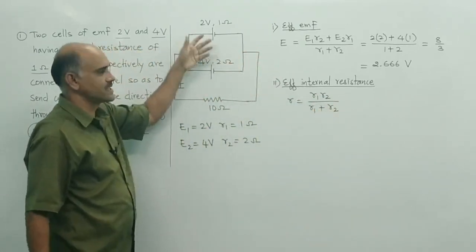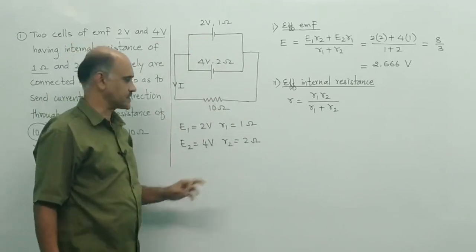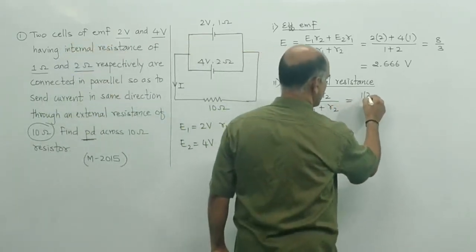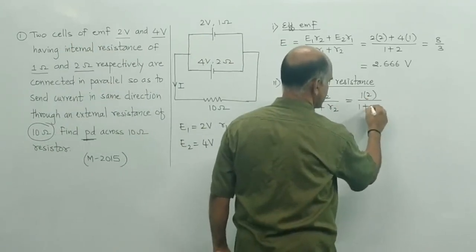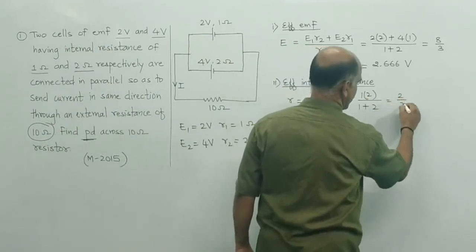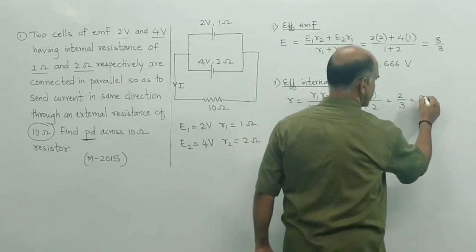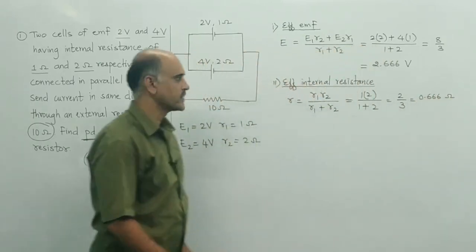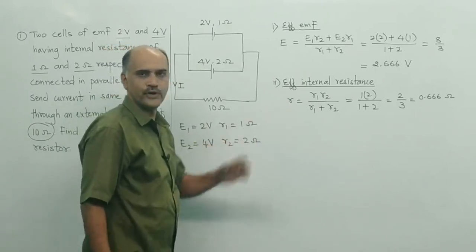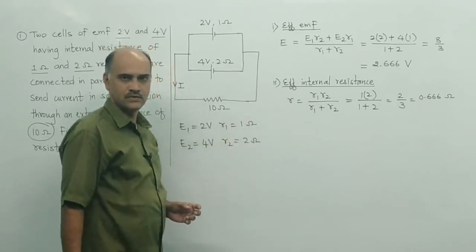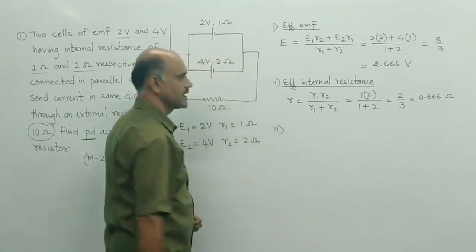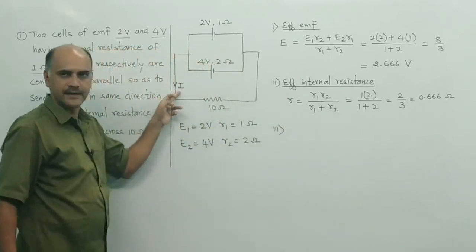If I substitute, 1 into 2 divided by 1 plus 2, that is 2 by 3. 2 by 3 is 0.666 ohms. Internal resistance is 0.666 ohms.